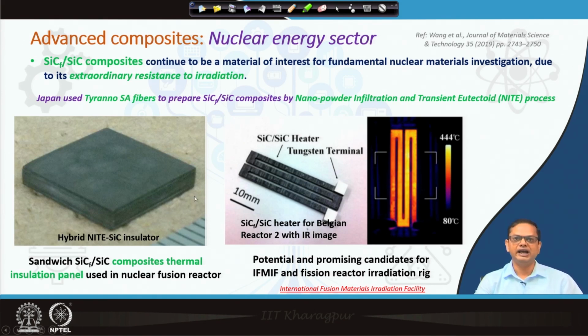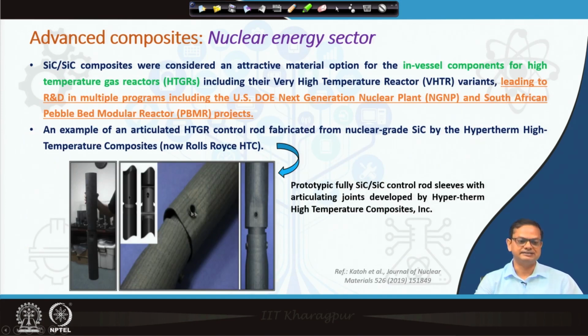We again have applications of SiC composite material, and you can see here these are used in vessel components for high temperature gas reactors, including their very high temperature reactor variants, leading to R&D in multiple programs including the US DOE.